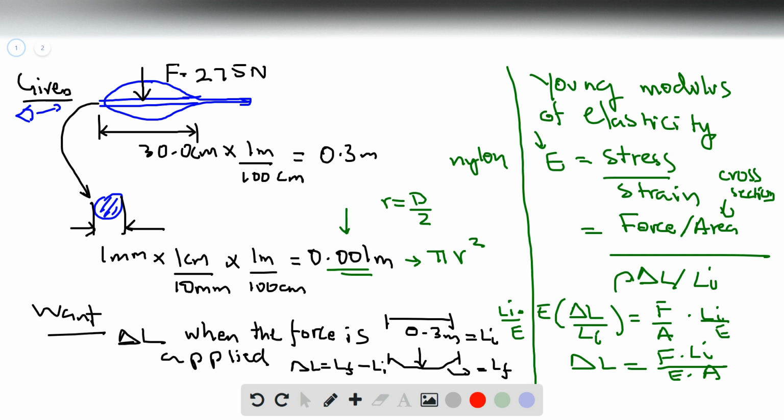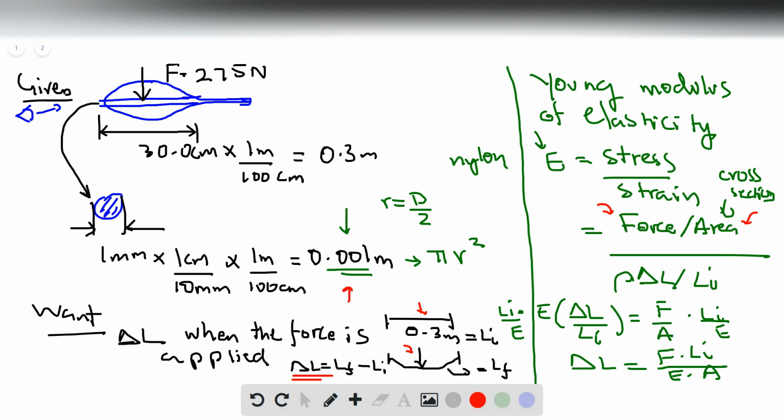Once again, we had a force that was applied to the nylon, and it happened to stretch the nylon, as you can see right there. This was the original length, and then when it gets stretched, there's a change in length, which is what we're looking for. That value is hidden in the strain itself, and strain is defined as a change in length over the original length. But since we're given the force and the diameter, we can always get the cross-sectional area.